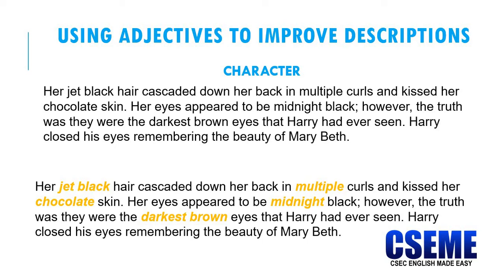But chocolate skin emphasizes the color of Mary Beth's skin. So although Mary Beth has long hair and lots of curls, we know that Mary Beth is black because of her chocolate skin. Because oftentimes the word chocolate is used to describe dark color skin, right?